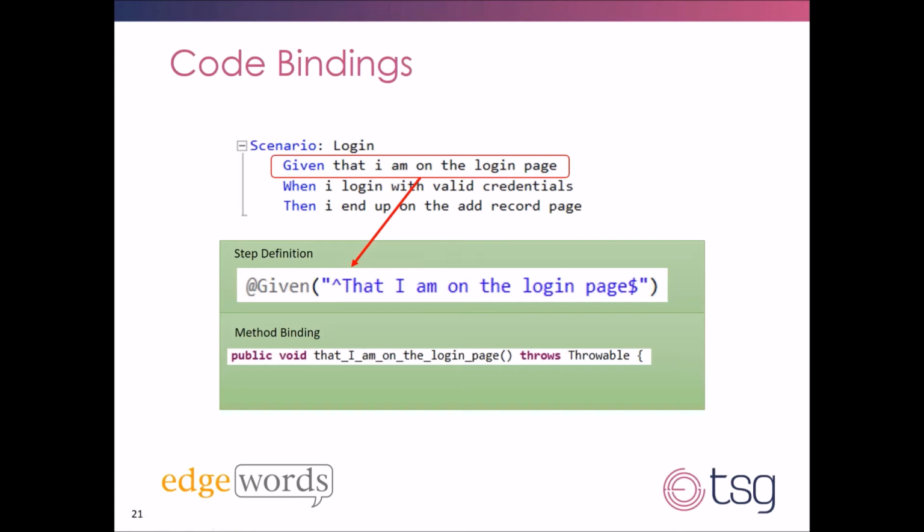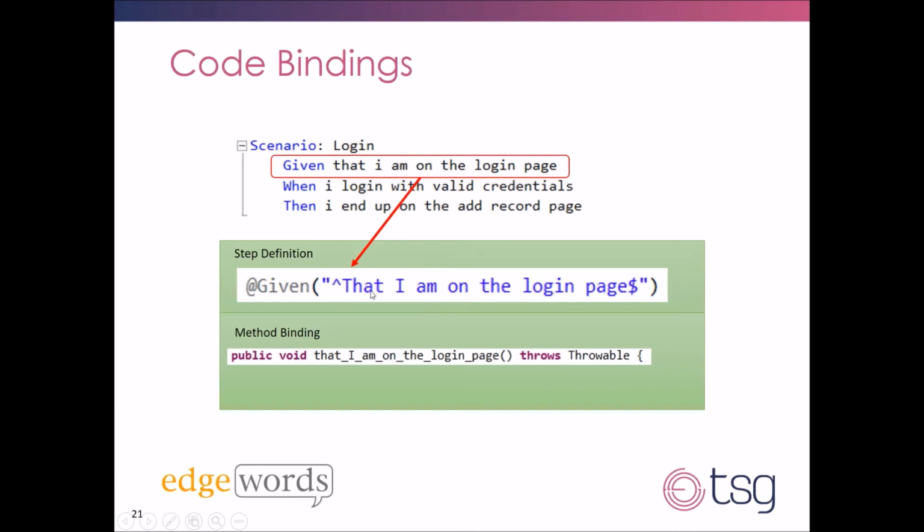SpecFlow is our interpreter. So when we run our SpecFlow scenarios, SpecFlow is parsing those text files, and it says, I'm looking for a step binding that says that I am on the login page. So it's basically just doing text matching. It looks through the classes to find a step definition that matches that text, and it goes, here's one, that I'm on the login page.